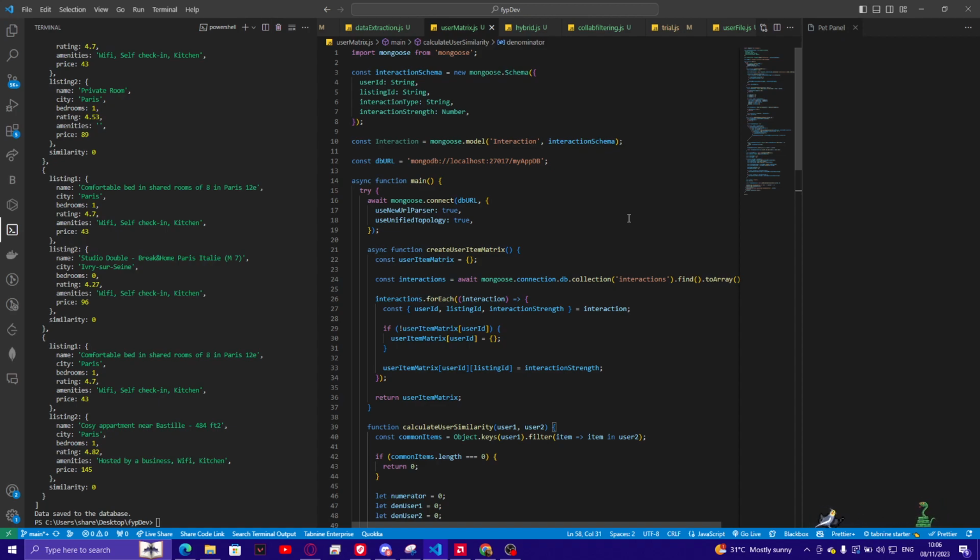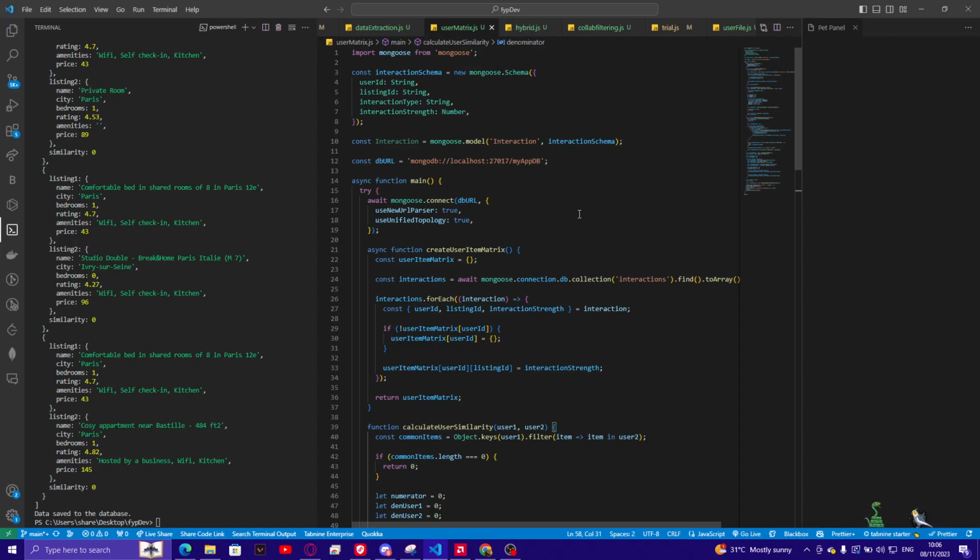That makes them neighbors or similar users. Based on that, I had to create a set of testing data in the MongoDB database, because the data I was getting from the API is not the type of data that is fit for collaborative filtering.